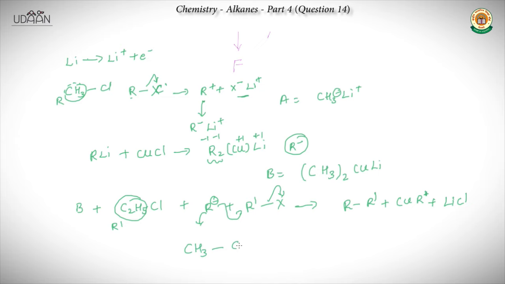CH3, C2H5. Now this is your R, and this is your R dash. So you can see that you have got an unsymmetrical alkane with it. And CuR dash will be CuC2H5.